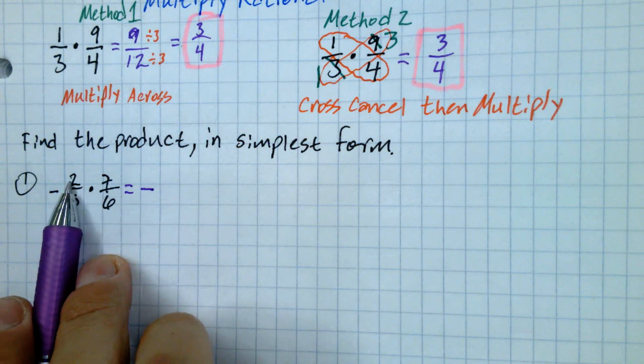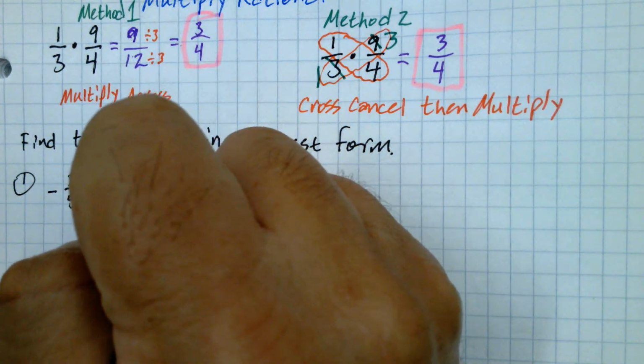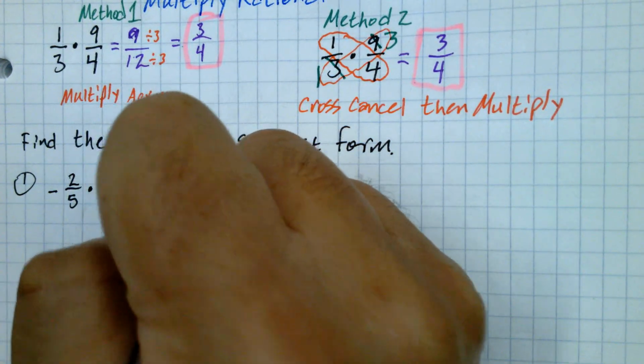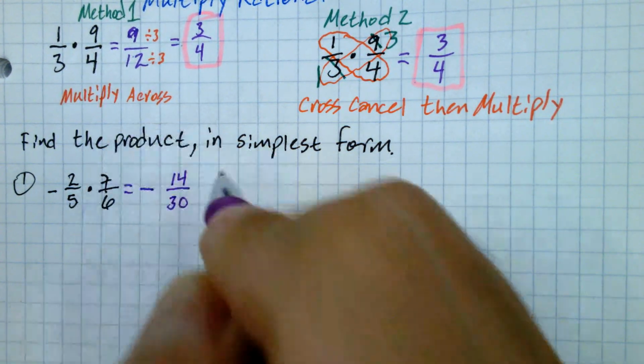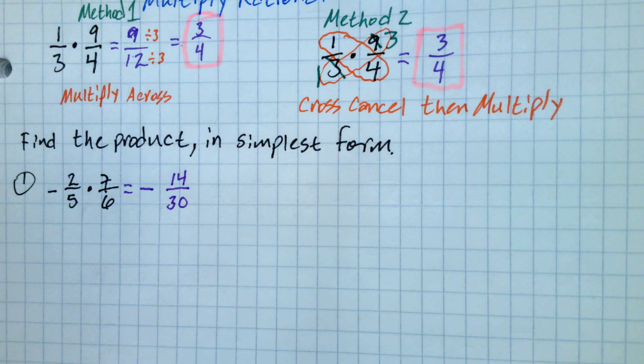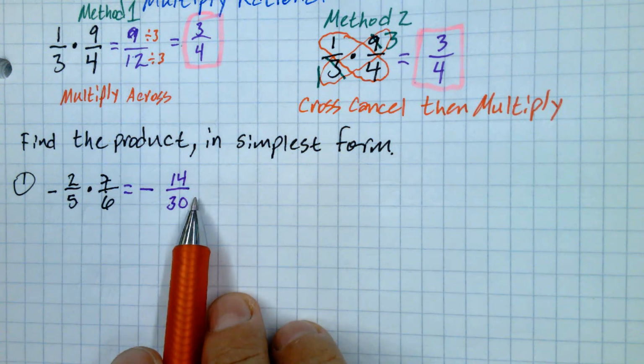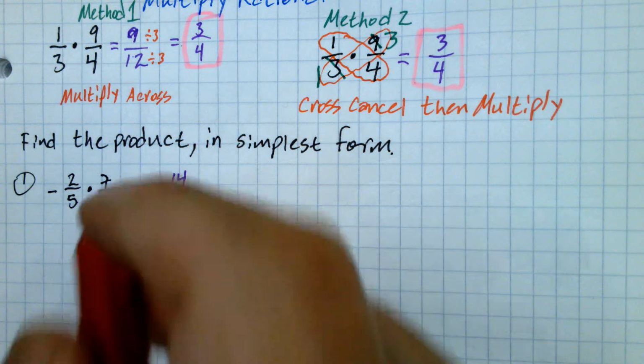Okay? Now, I'm going to go ahead and multiply 2 times 7. That's 14. 5 times 6 is 30. Now, we have to ask ourselves, 14 and 30. There is a common factor. What's the number? 2.